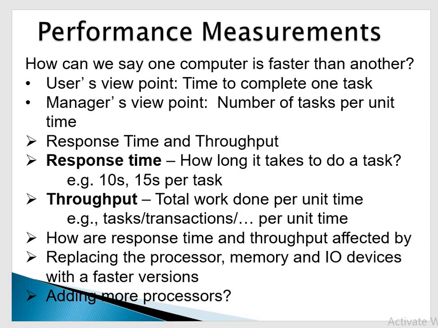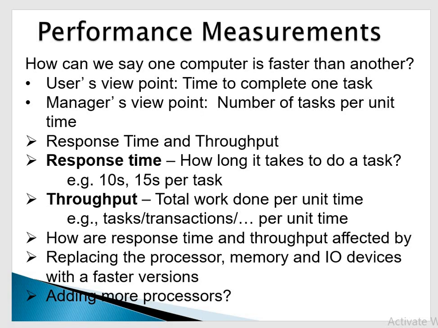Now the question is how are response time and throughput affected. These are affected by replacing the processor, memory and IO devices with faster versions. So how can we improve the response time? Naturally, if we improve the response time, throughput will also increase.